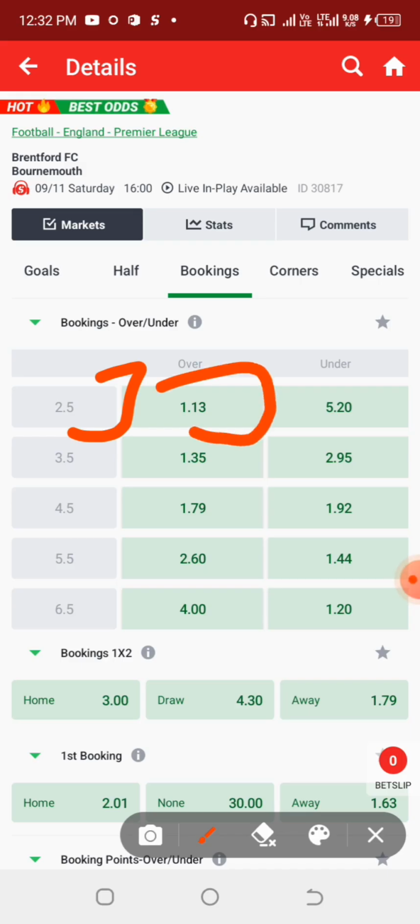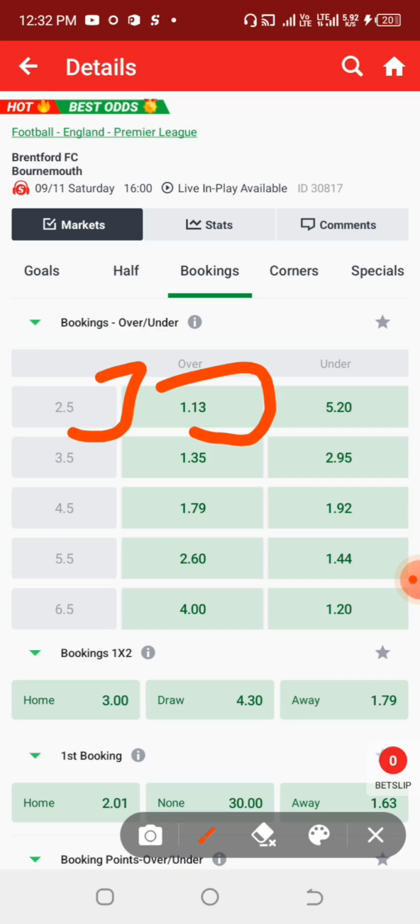But one advantage of this particular platform is that in this game, if the match ended up with just 1 yellow card and 1 red card, the red card serves as 2 yellow cards, and that is how this is calculated. If this match ended up with 1 yellow card and 1 red card, you already won your game, because the red card represents 2 yellow cards.